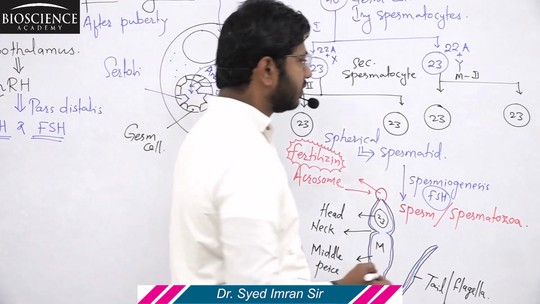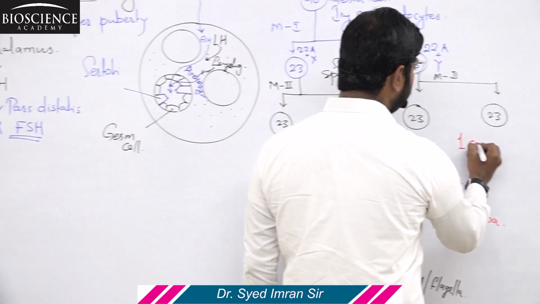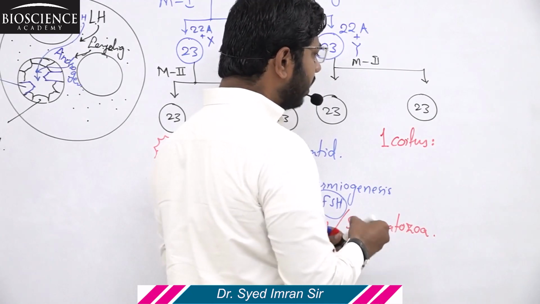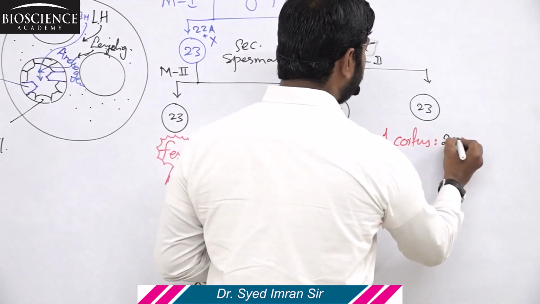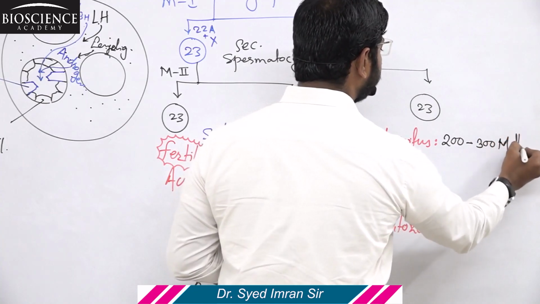During one coitus, that is after insemination, the male semen contains 200 to 300 million sperm.